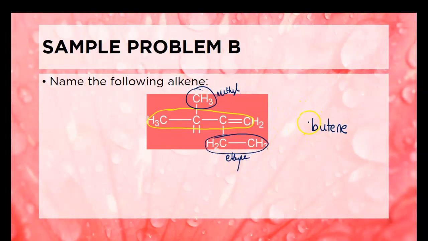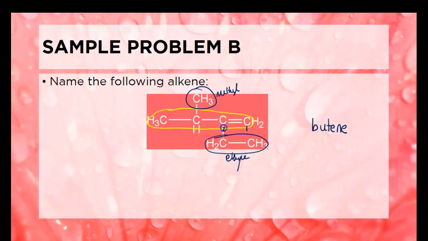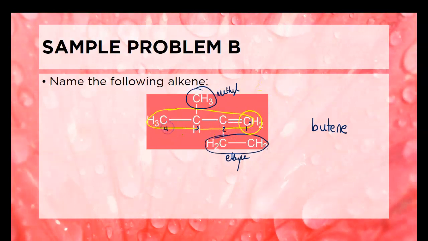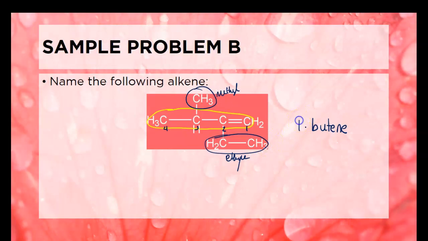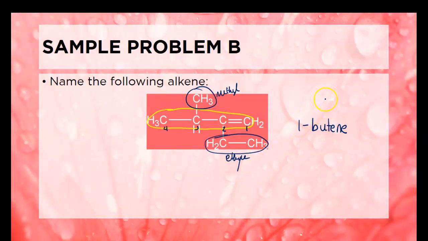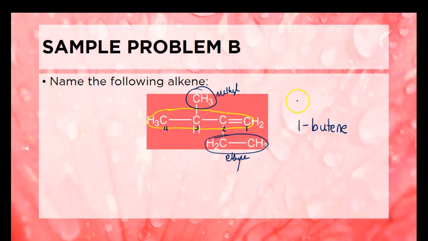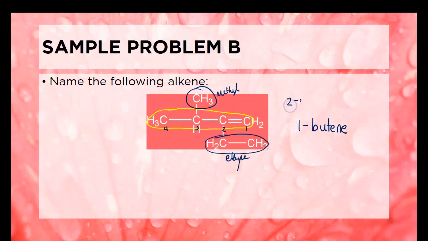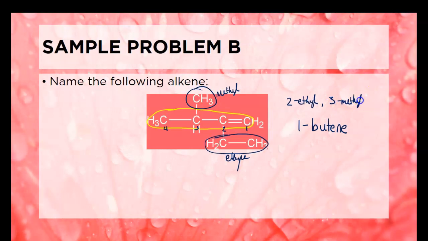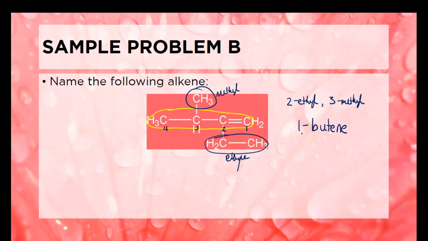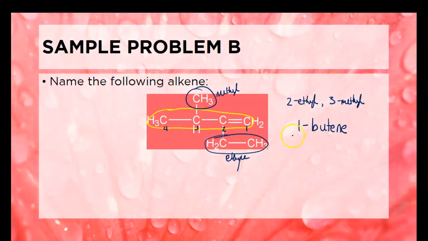So first, let's name the butene where its double bond is. I'm going to go this way, 1, 2, 3, 4, because I want that double bond to have the lowest carbon number. So it's going to be 1 butene, and with my branches, we only have 1 methyl and 1 ethyl, so let's call it 2 ethyl, 3 methyl, 1 butene. So it's 2 ethyl, 3 methyl, 1 butene.